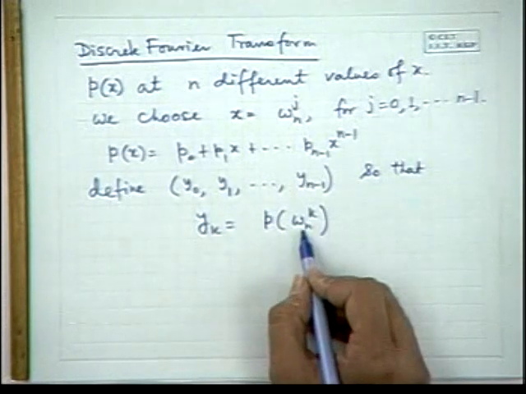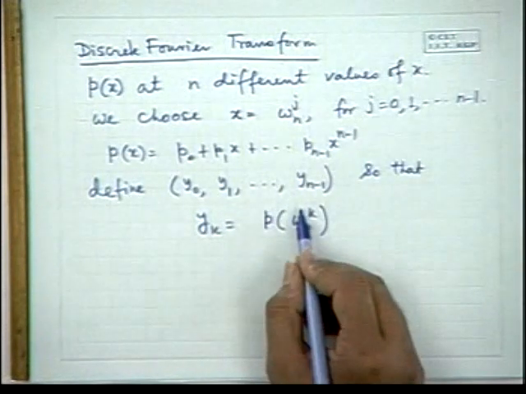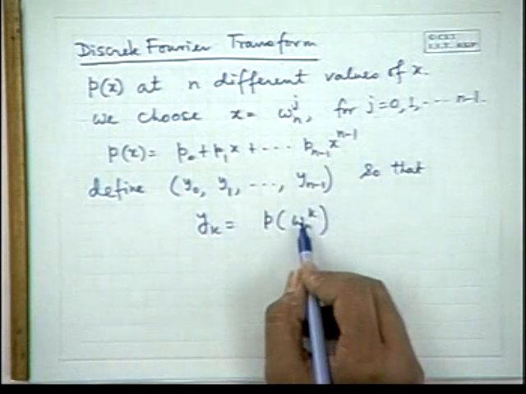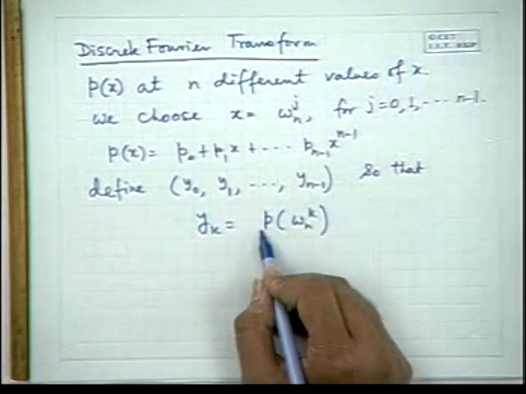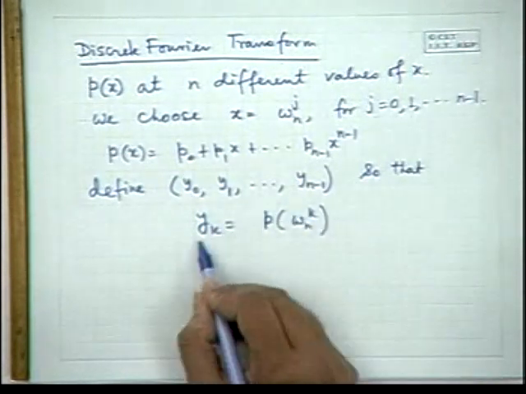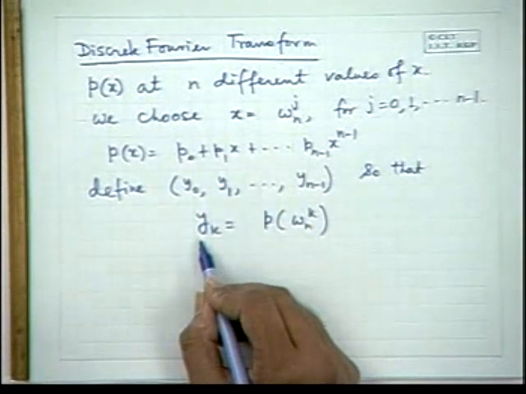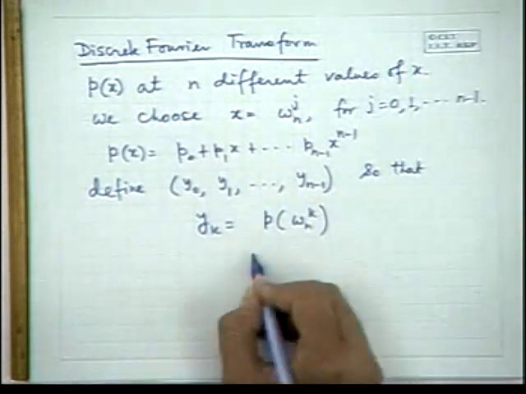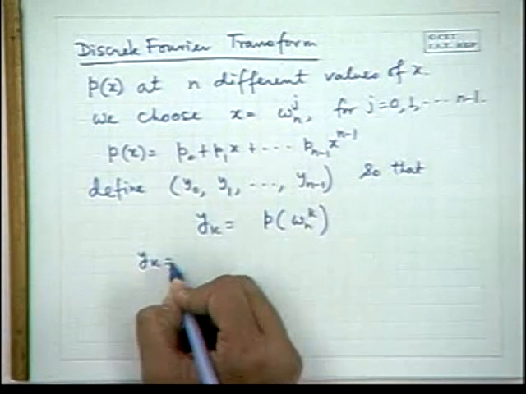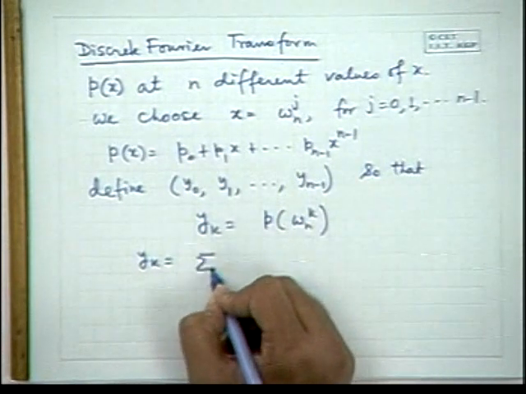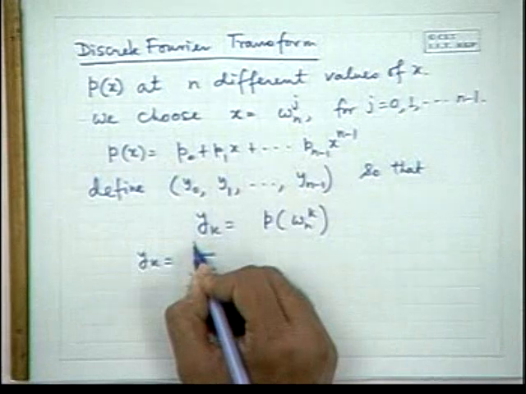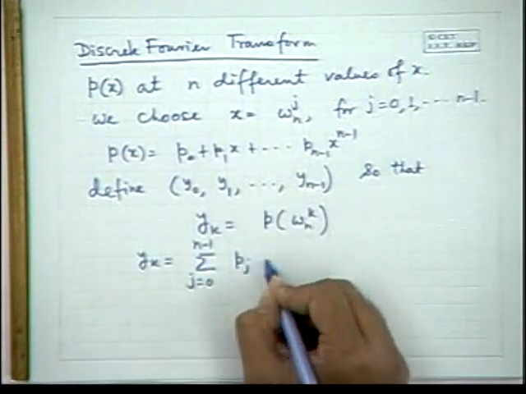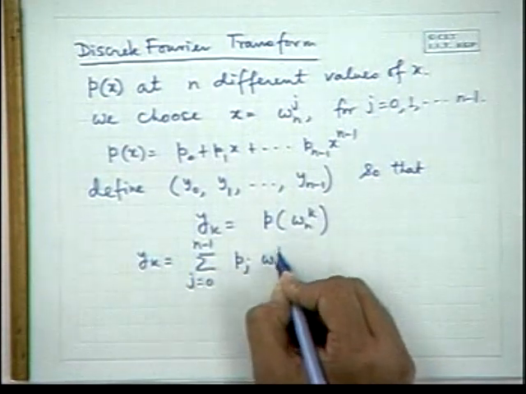We have just taken the kth one of the nth roots, and if you evaluate the polynomial p there, that gives you the value yk. So by definition, yk is nothing but the sum over j from 0 to n minus 1 of pj times w_n^(kj).